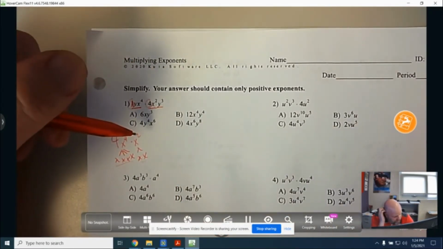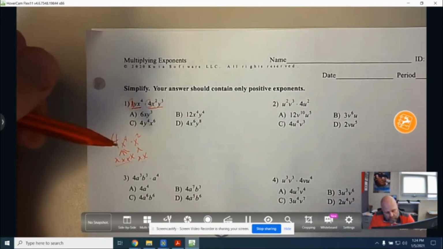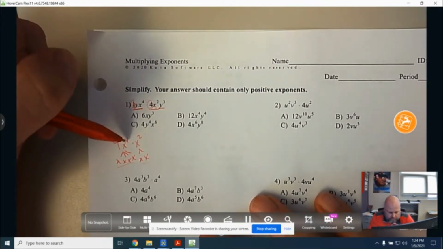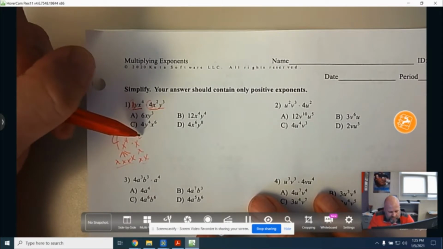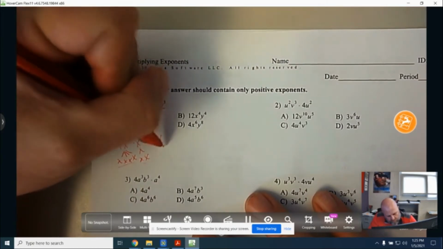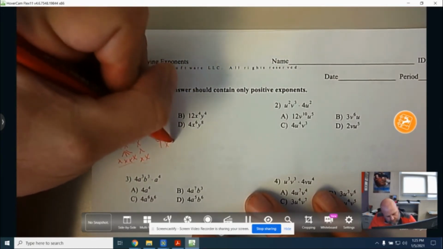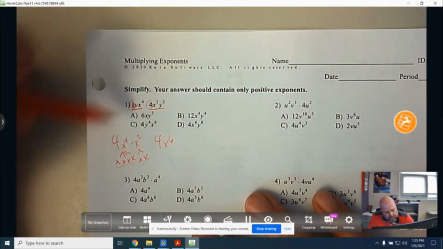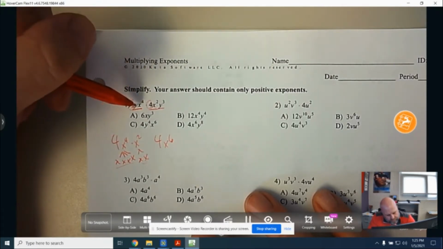So in this case, when you have exponents and you're multiplying, we don't multiply the numbers. Instead, we add them. So I'm going to take this 4 plus the 2, and that's going to give me x to the 6. So I have 4x to the 6th. Okay? Then I look at my y's.